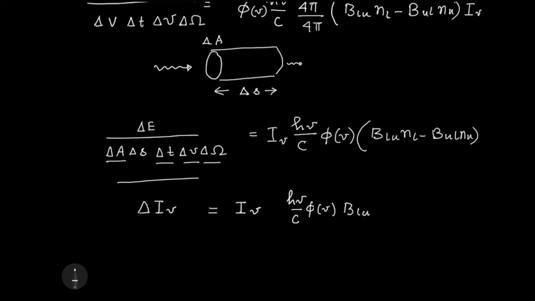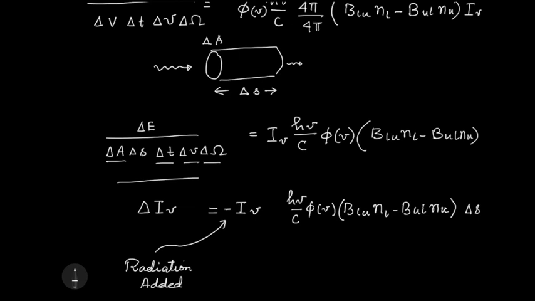So I get I nu, then this h nu by c phi nu, B_LU N_L minus B_UL N_U, and delta S. Okay. So this is the radiation absorbed. So if I ask how much radiation is added, I put a minus sign over here.